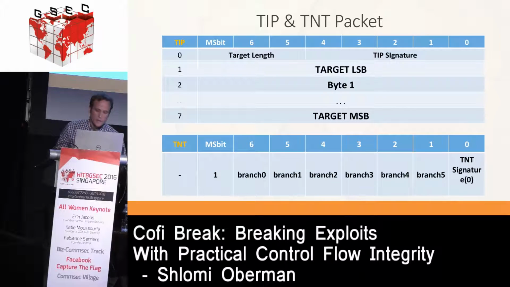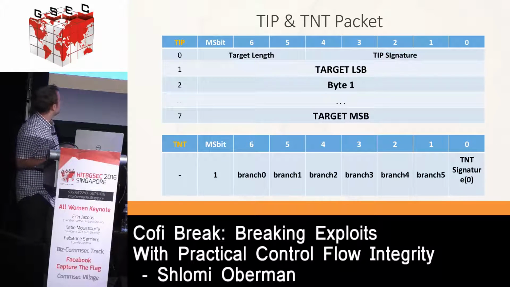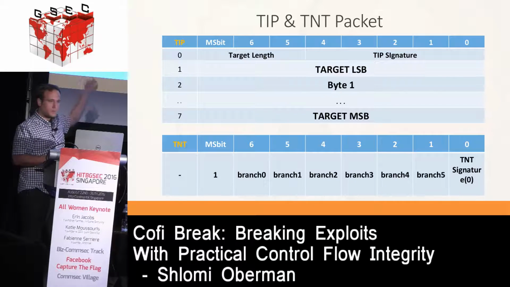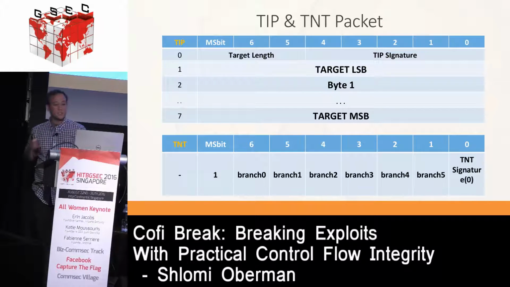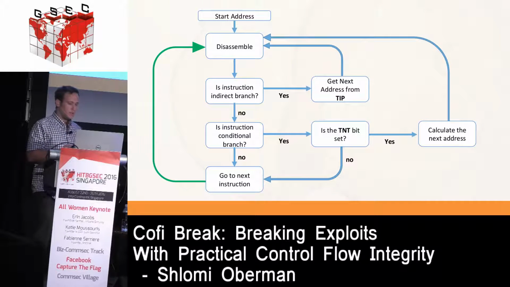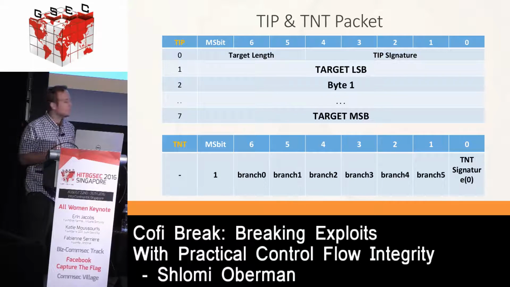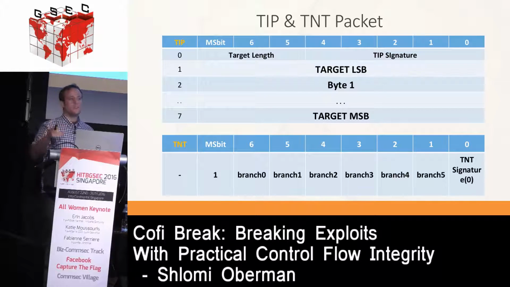Okay. This is what the packets look like. Once again, we're not going to go into too much detail. A TIP packet contains the TIP signature followed by an address, very simple, and the TNT packet contains a number of bits, each bit corresponding to one conditional branch, right?